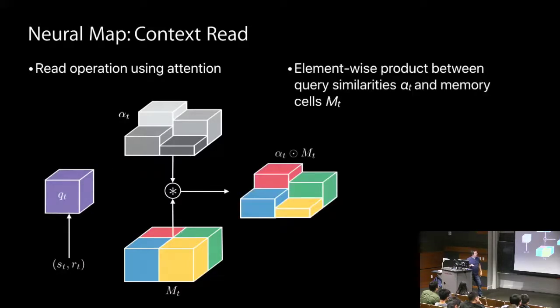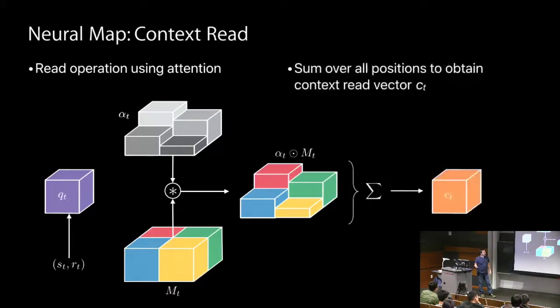And then I basically take the element-wise product between the query similarities and the memory cells, right? And then I do the sum, which essentially takes an expectation. Given what I see, it's an expectation over the contents of the memory.